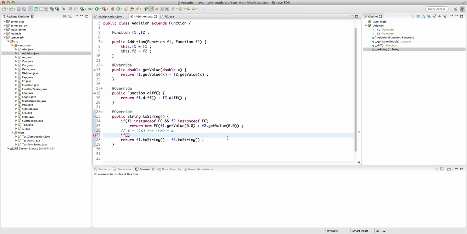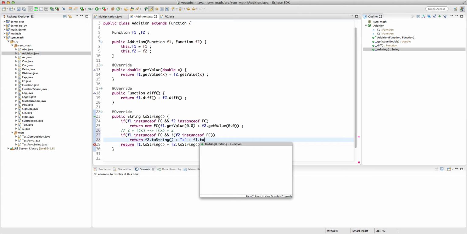So if f1 is an instance of fc but f2 is not an instance of fc, we return f2 toString plus a plus sign plus f1 toString.